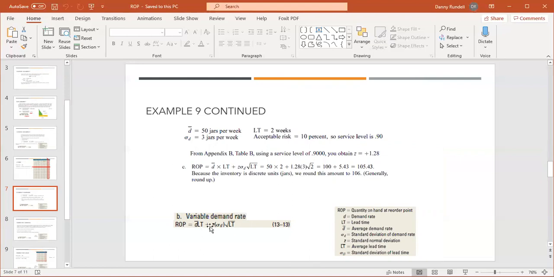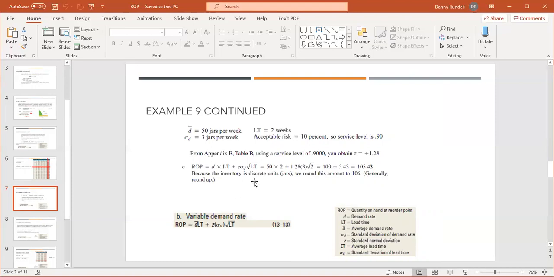So we have every other number. You've got the average demand, the lead time, the Z value, the deviation of demand. Lead time is squared here for this reorder point formula with variable demand. You solve and you get 105.43.